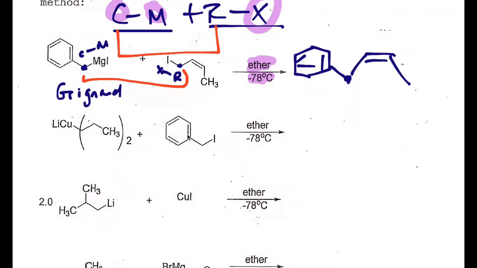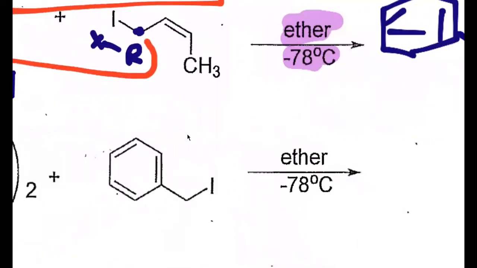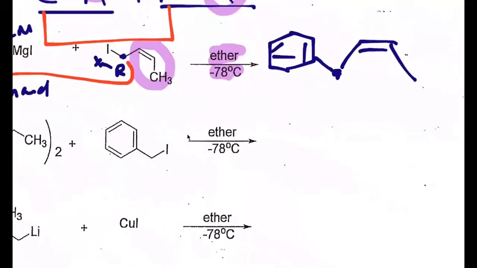Do you see how this alkene is connected to the carbon right outside of it? I can't just do away with that carbon. So in the product, instead of looking like that, it's actually going to look like this.